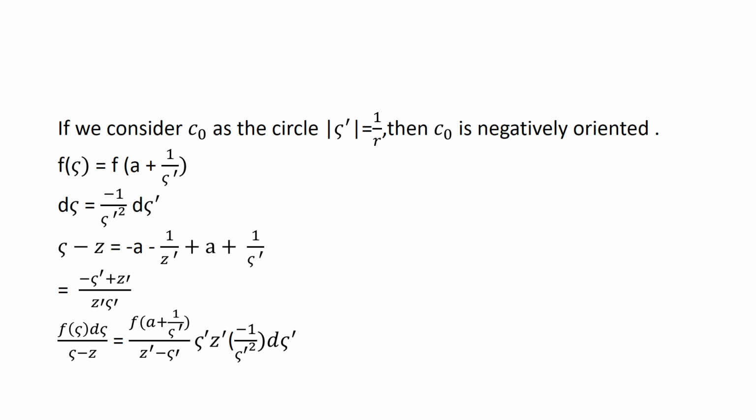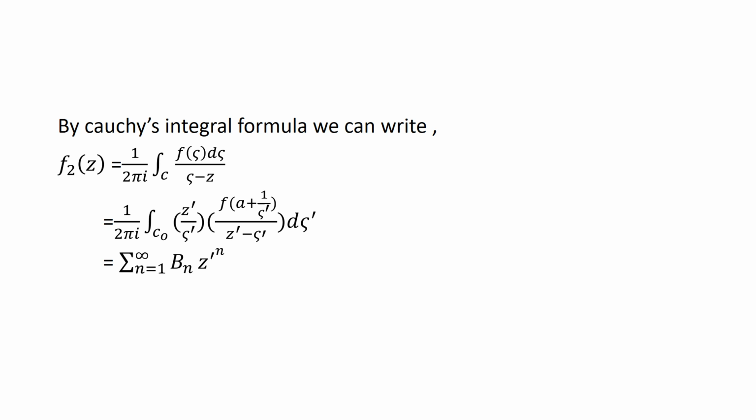So we get f of zeta d zeta by (zeta minus z) as f of a plus 1 by zeta dash, divided by z dash minus zeta dash, into zeta dash z dash, into minus 1 by zeta dash square into d zeta dash. By Cauchy's integral formula, we can write f2 of z as 1 by 2 pi i integral over C f of zeta by (zeta minus z) d zeta.